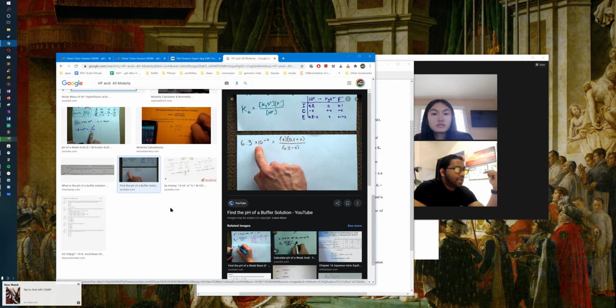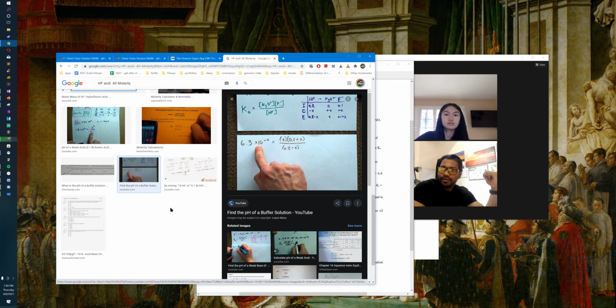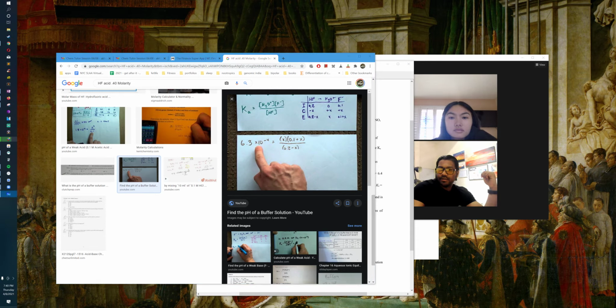If we have HF turning into H plus and F minus, initial HF was 0.4, and of course 0 and 0 for the others. The change would be minus x here, plus x, and the equilibrium then would be 0.4 minus x, and then x.